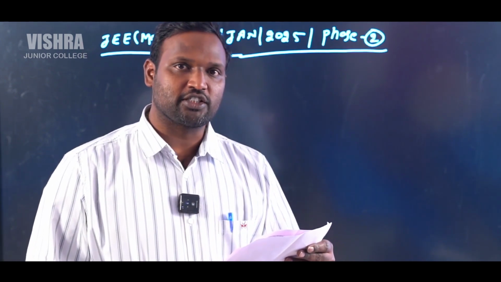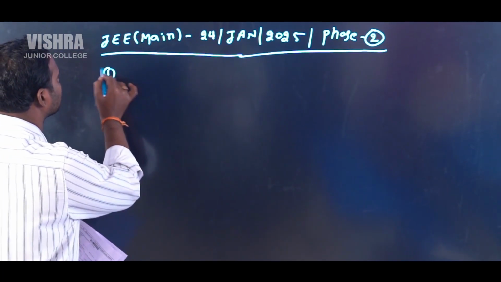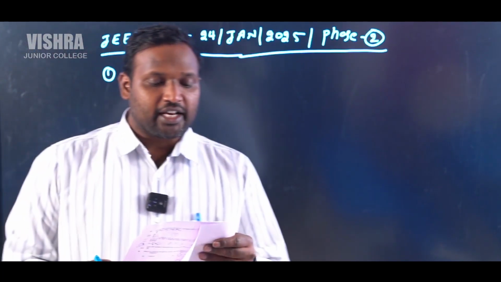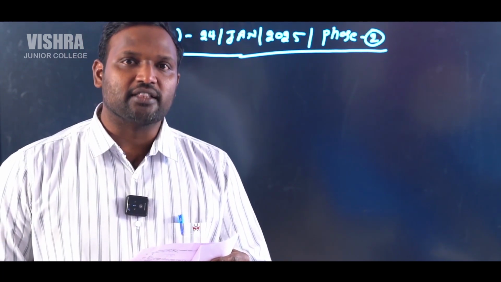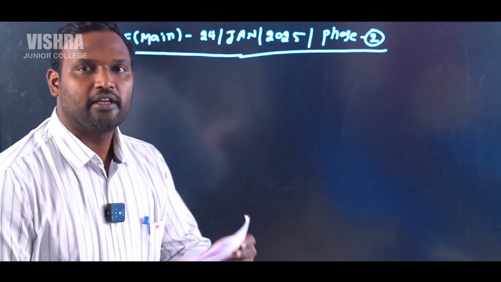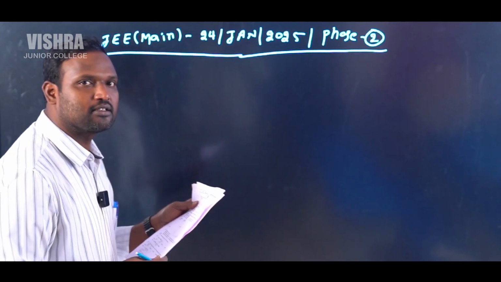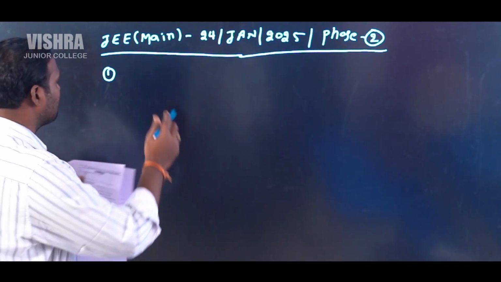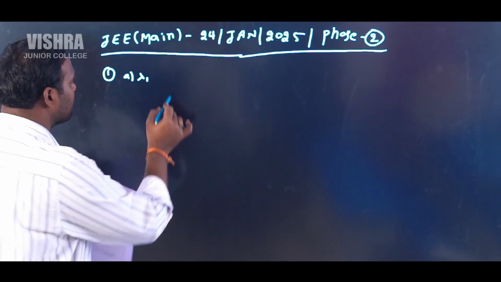First question in this section is: arrange the following in ascending order of wavelength. He gave different types of electromagnetic radiations like this. First one is lambda 1, infrared.